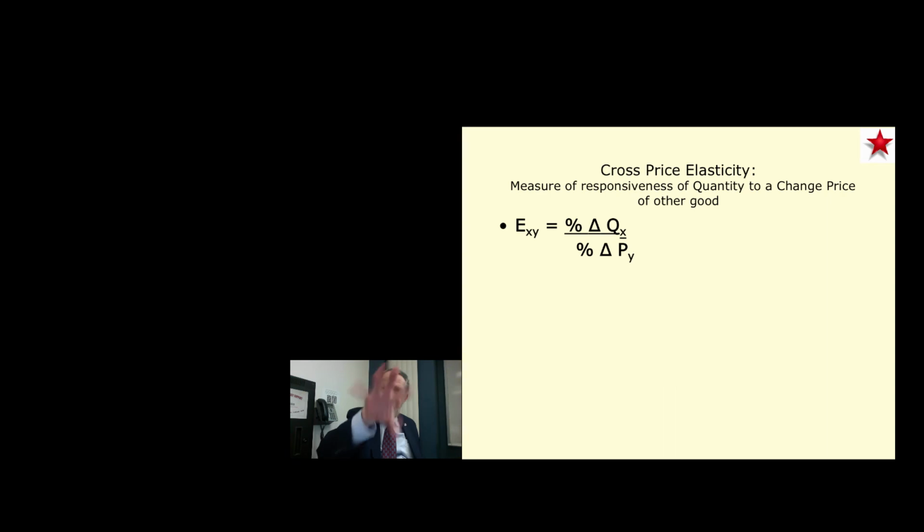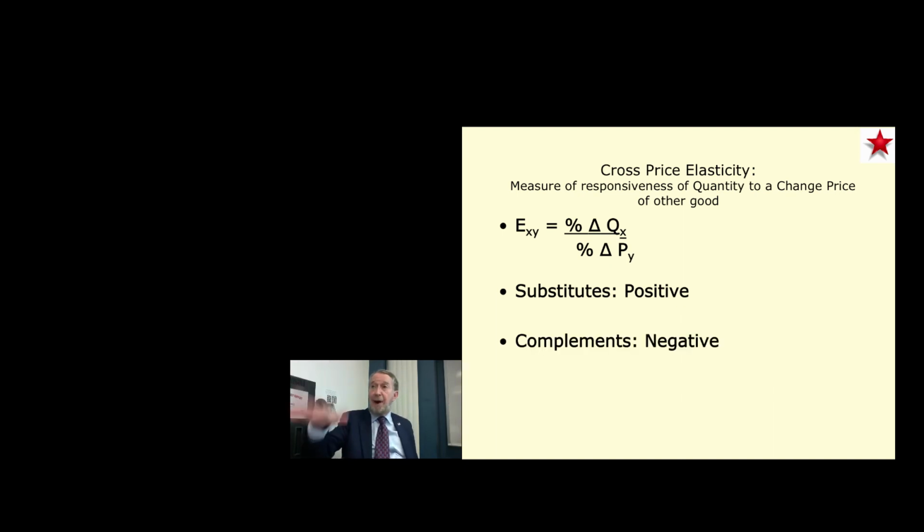So it's my quantity response in response to a change in my competitor's price or in a complement's price, right? Good. For substitutes, it's a positive relationship. As they raise their price, I sell more units. Everybody with me? Good. So cross-price elasticity for substitutes is positive. It's negative for complements. If they lower their price, then I sell more units. So it's a negative or inverse relationship for that.